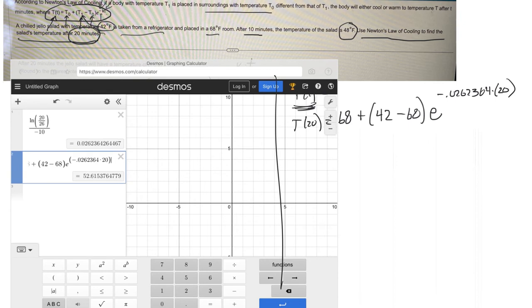So 52.6. So the temperature after 20 minutes will be 52.6.